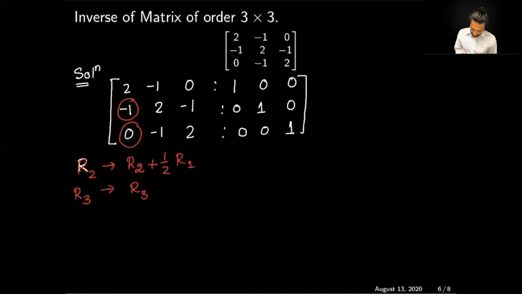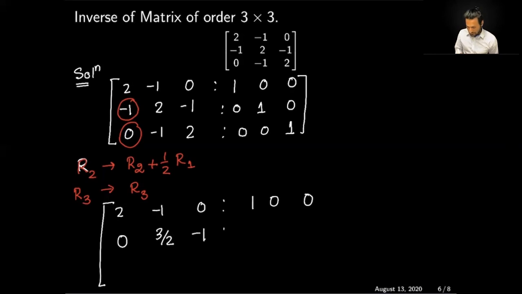After applying these operations, let's calculate our new augmented matrix. This will be 2, -1, 0, 1, 0, 0. This entry will become 0. This entry will become 3/2. This will become -1.